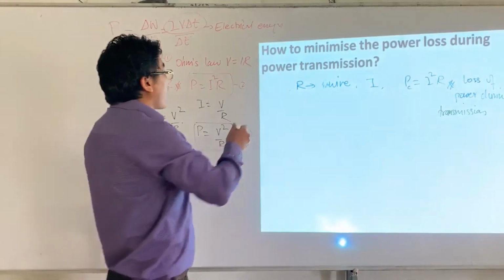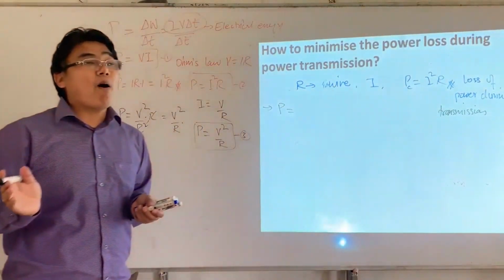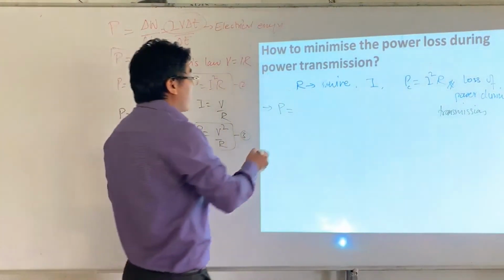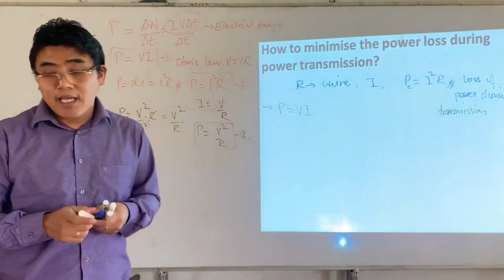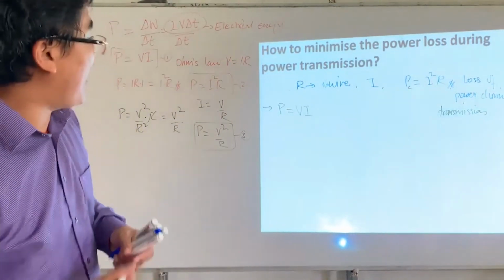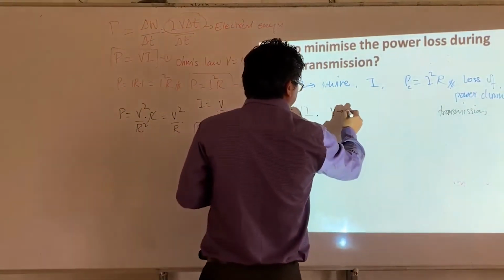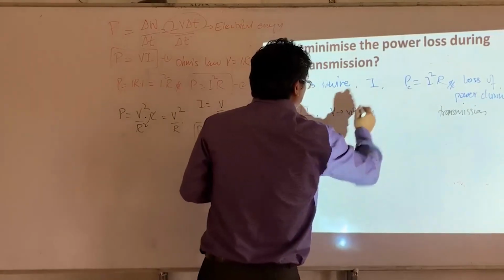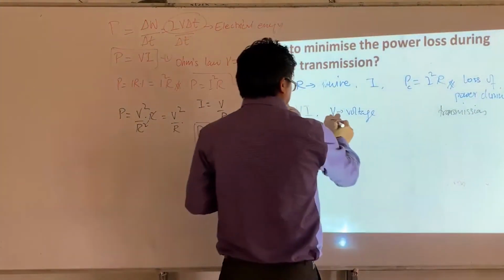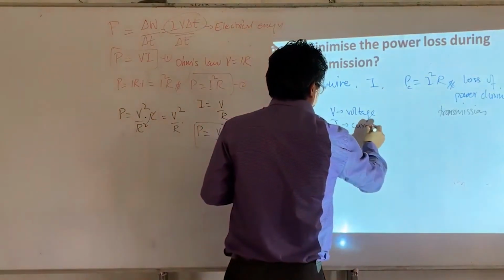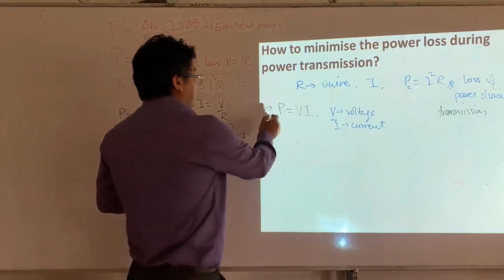So from a powerhouse, we send a power P, and power P can be figured out in the form of VI. V is the voltage with which the power is sent out, and I is the current. Now this is fixed.